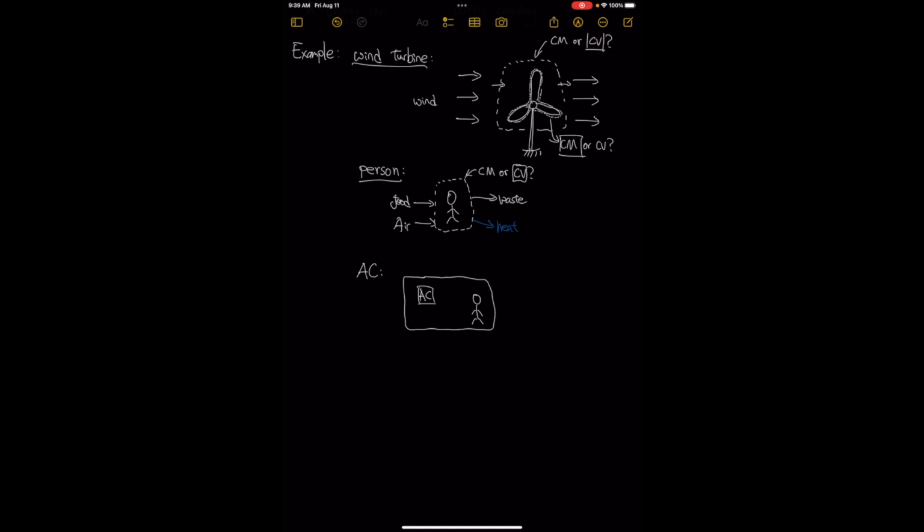And you want to design how efficient the AC is, and how would you draw the boundary? Some of you guys may think, okay, let's just draw a boundary around this person, right? And the next question is, would you consider this as control mass or control volume?